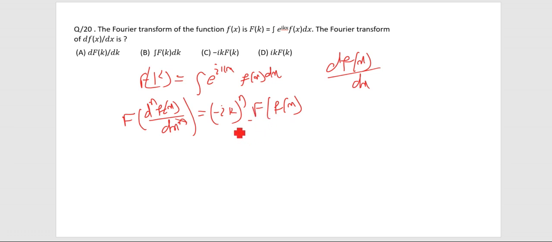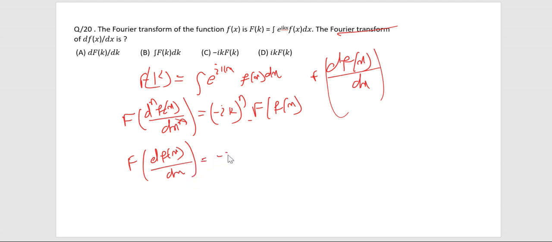So I applied this formula here, to the Fourier transformation of this function. This is the first order derivative, so using this formula I get (minus i k) to the power 1, because we have to find the first order derivative, into the Fourier transformation of f(x).